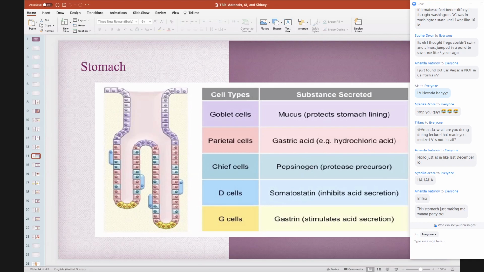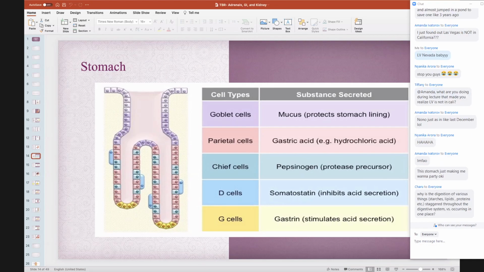So when we want to produce that acid because we're getting ready to eat. When we're not eating, we already ate, we want to stop acid secretion, we'll signal to the D cells. And so this is at the level of where the nervous and endocrine systems control acid production and stomach function.